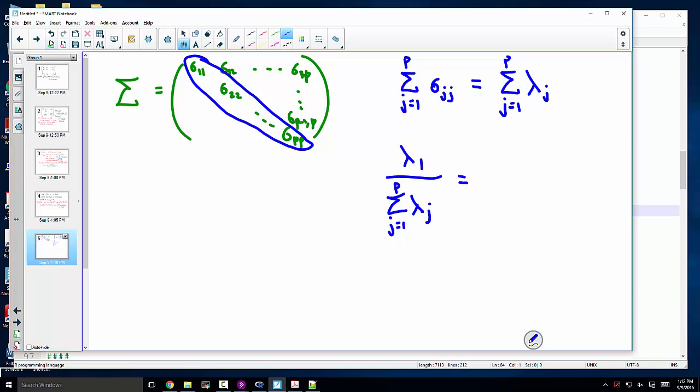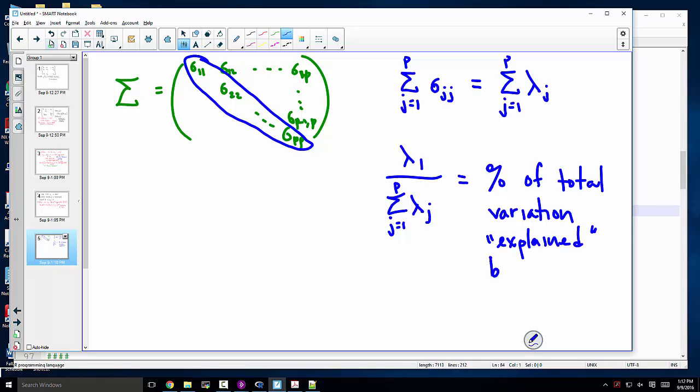This is then the percent of total variation explained, captured, or represented by principal component 1.